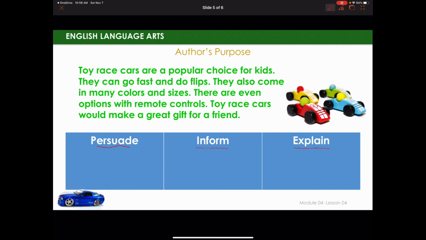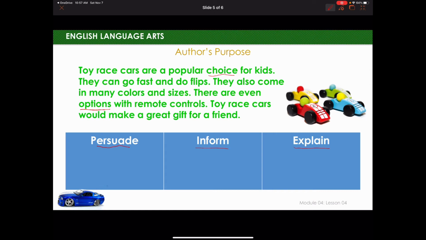Toy cars are a popular choice for kids. I see that word choice. That makes me think of persuade, because remember, persuade means to make someone think the same way that you do or to make a choice. They can go fast and do flips. They also come in many colors and sizes. There are even options with remote controls. Options, we're talking about choices.